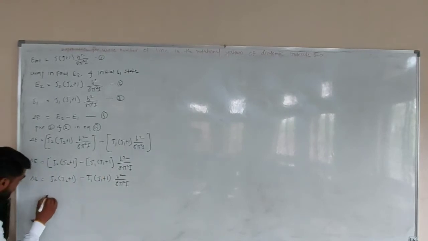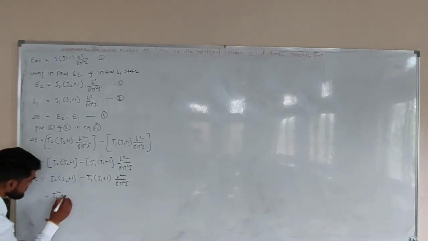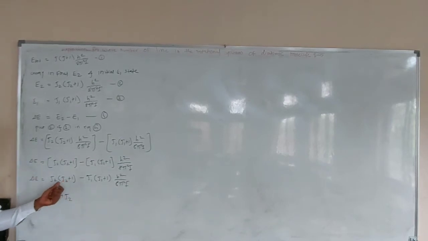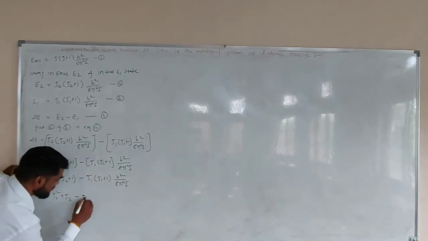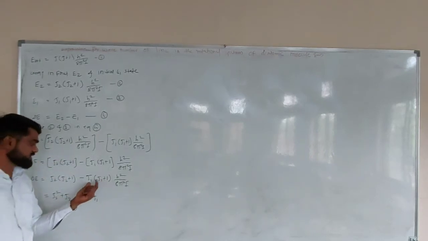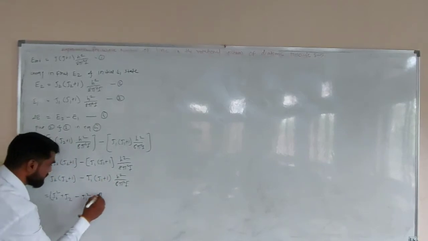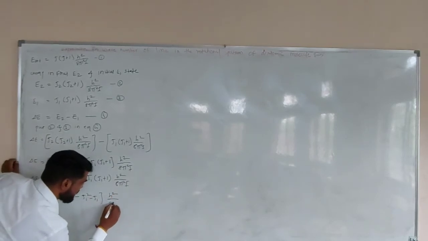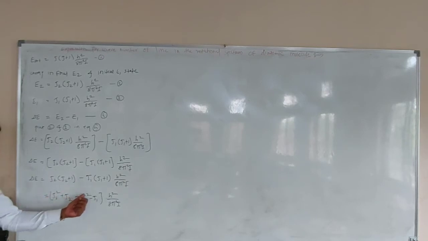Multiply J2 into J2 square plus J2 into 1, that is J2, minus J1 into J1 square minus J1 into 1, that is minus J1, into the common term h square upon 8 pi square I. Now next, the same terms on the same side: J2 square and J1 square, and J2 and J1.